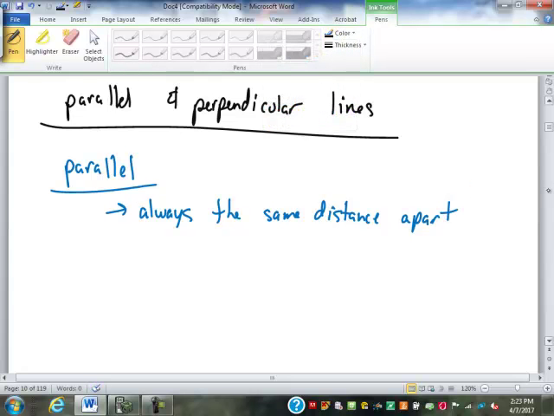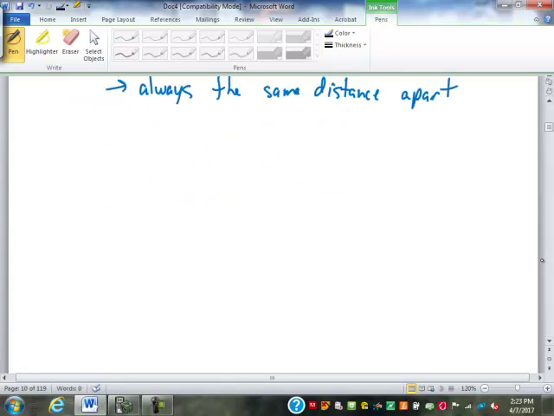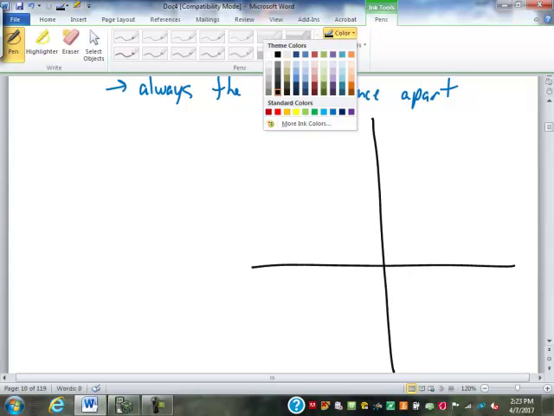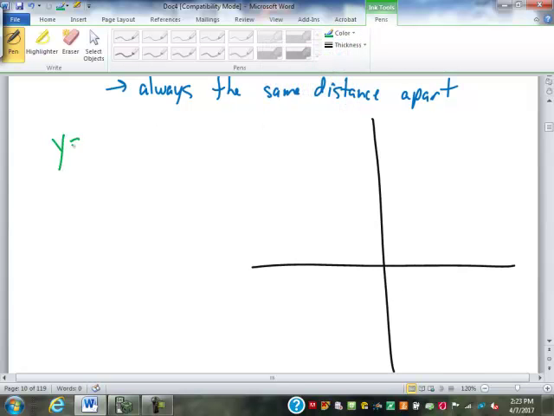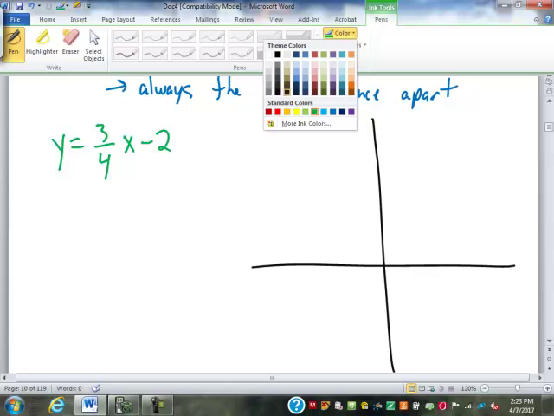So now let's look at what this means in terms of graphing. Let's graph the line y equals 3/4 x minus 2. Where am I going to start graphing that line? -2.